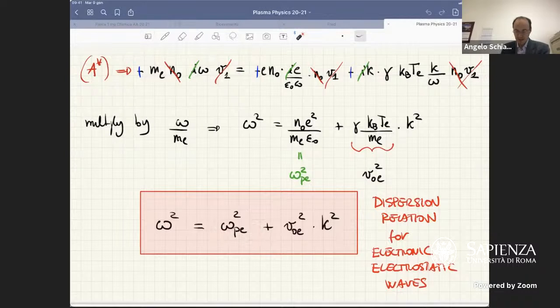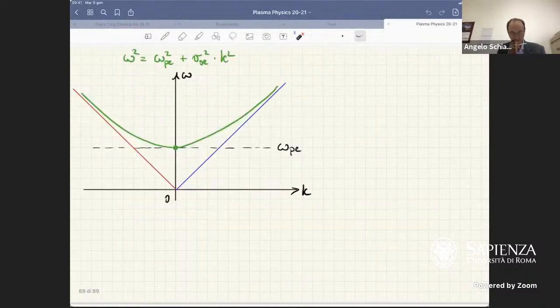And there's a term here arising from the fact that electrons are taking part in the process, and this is a characteristic velocity for the electrostatic longitudinal waves, and is very close to the thermal velocity. Okay, we'll check that in a second. So we left our derivation here, so we can start from here.